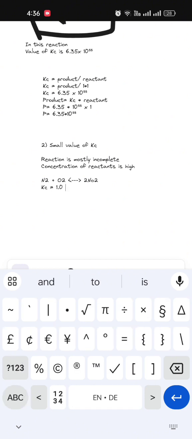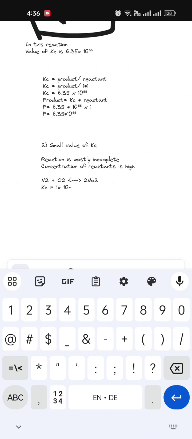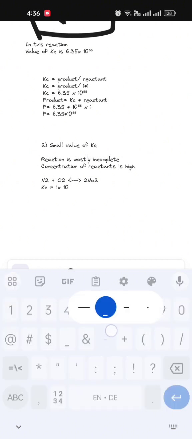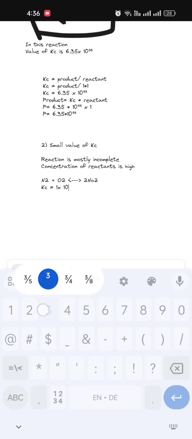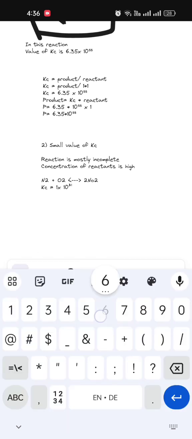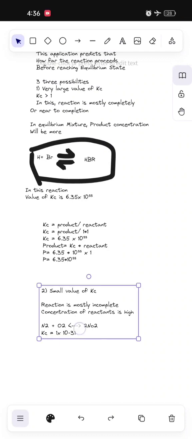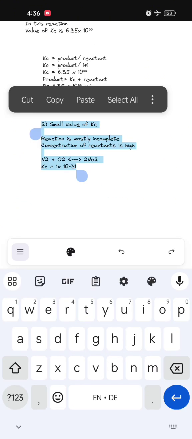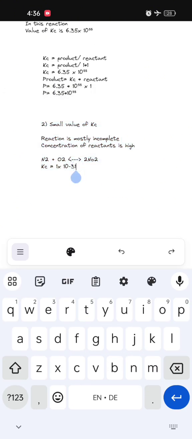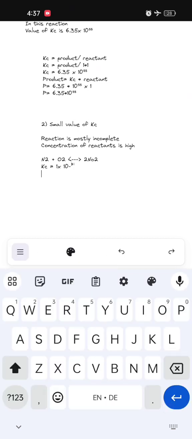According to this reaction, the value of Kc is 1 into 10 raised to the power minus 31. So the value of Kc which we have is 1 into 10^-31.